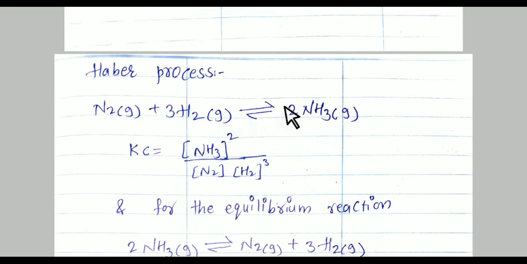So for the forward reaction, the formula for equilibrium constant Kc is equal to concentration of NH3. The coefficient of NH3 is 2, that's why we use 2 in the power. Concentration of N2, there is no coefficient, meaning 1. Concentration of H2, there is a coefficient 3, that's why we use 3 in the power.